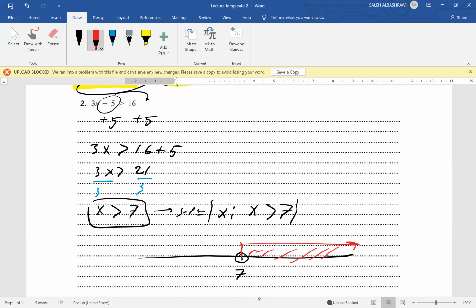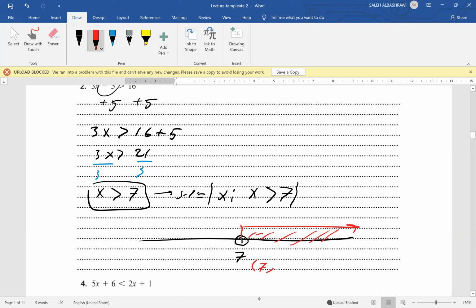And if the question also says to write the interval notation, then the interval notation will be open 7 to infinity. So this is how to solve an inequality. It is just doing the same steps as we did for solving linear equations. If it is a linear inequality, all I need is to keep x on one side and the constant on the other side. I'm speaking now about linear inequalities.